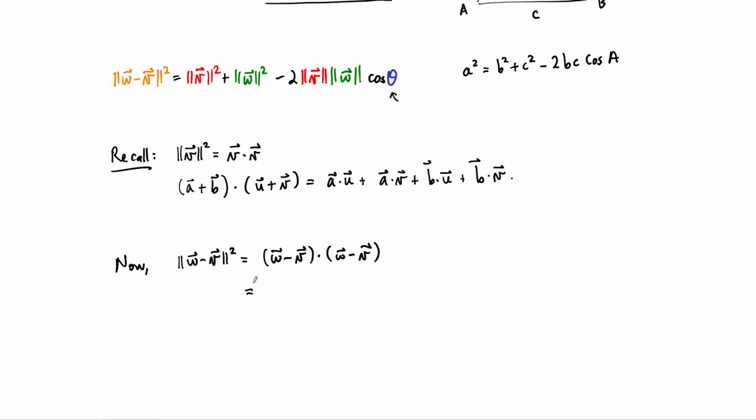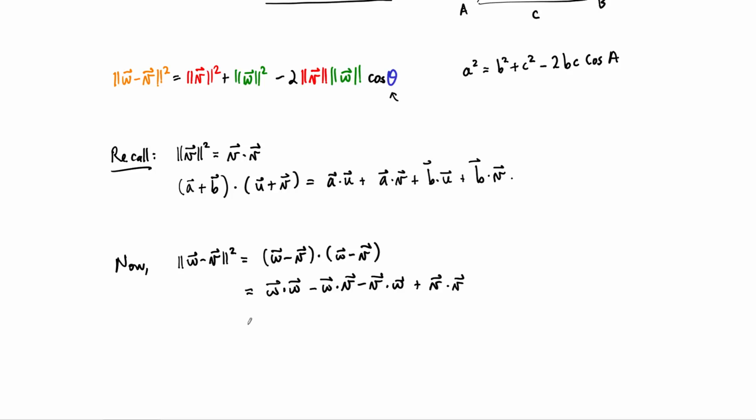And then we can apply this distributive law to this difference. And this is a difference, so we have to be careful about the signs. But we end up with w dotted with w minus w dotted with v minus v dotted with w plus, minus minus plus, v dotted with v.